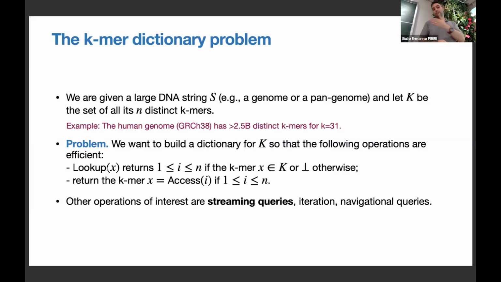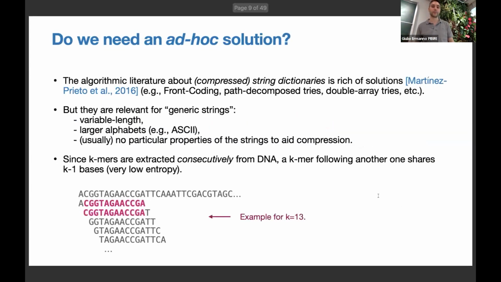Of course, we want also to have the ability to scan through the entire set of k-mers in our dictionary. So that's iteration. There are also navigational queries. There are many types of queries that are supported, but again, I'll not talk about them for simplicity. So that's our problem. It feels like a fundamental problem, with a very easy statement. So let's see what we can do.